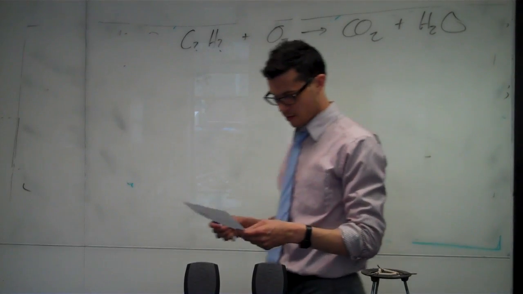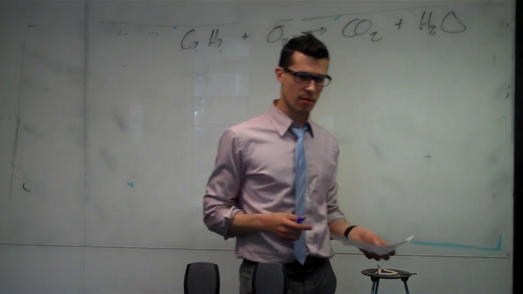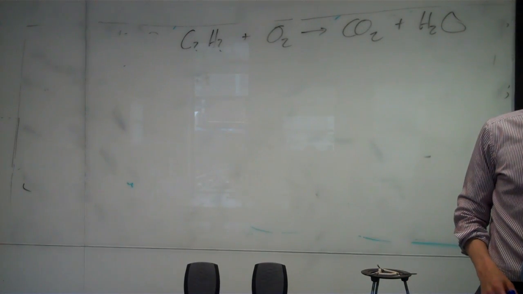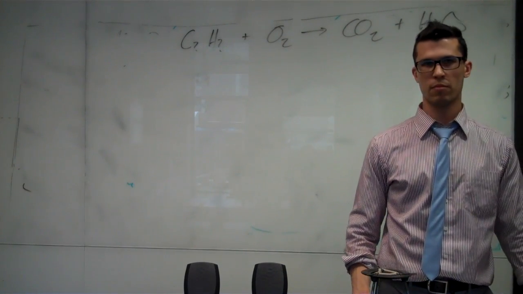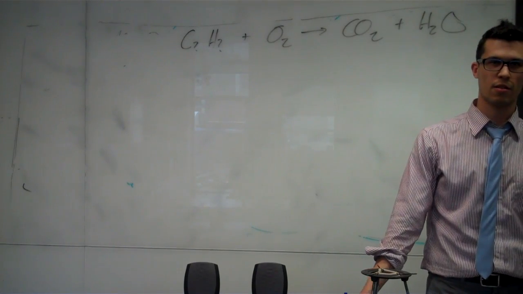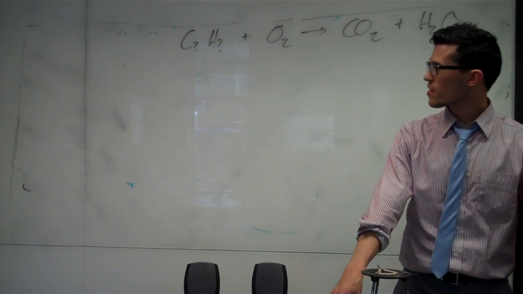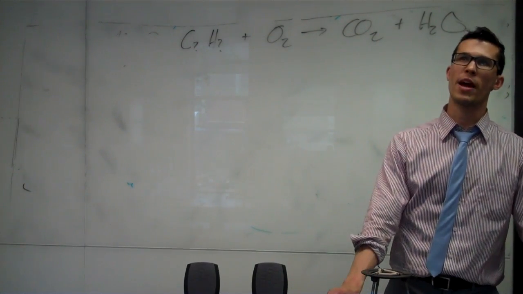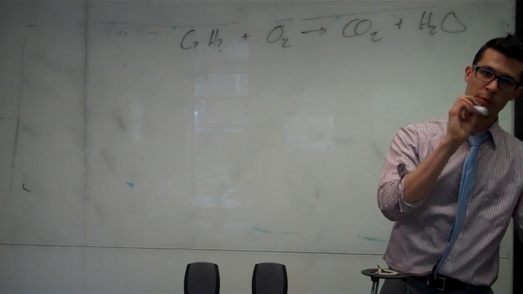So in the beginning of this packet, we wrote down the strategy for how to find the limiting reactant. Can you tell me after that how to find the excess reactant? I just want to write it down in words. I can tell you right now what the strategy is. To find the excess reactant, first you find the product in moles from the limiting reactant.